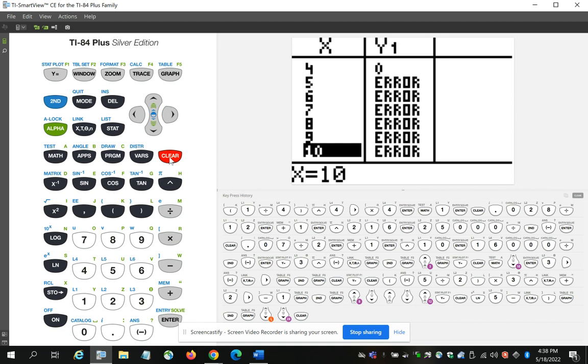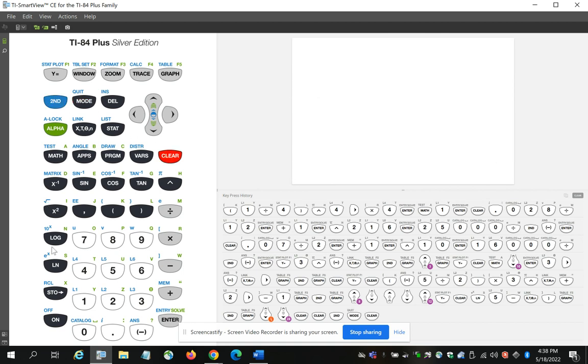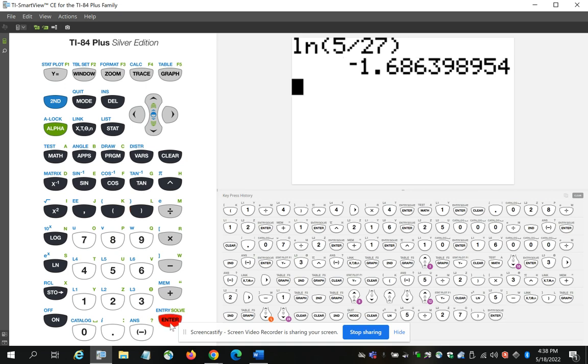Okay, so we have the natural log of 5 divided by 27. I'm going to get that answer and then divide it by negative 6.